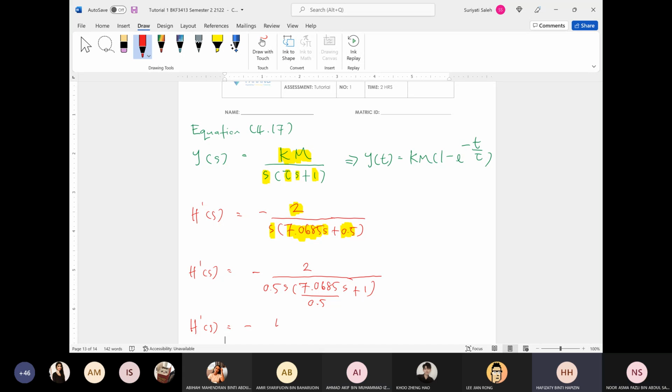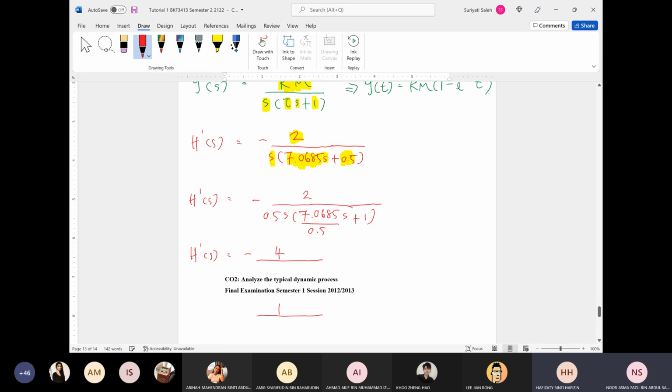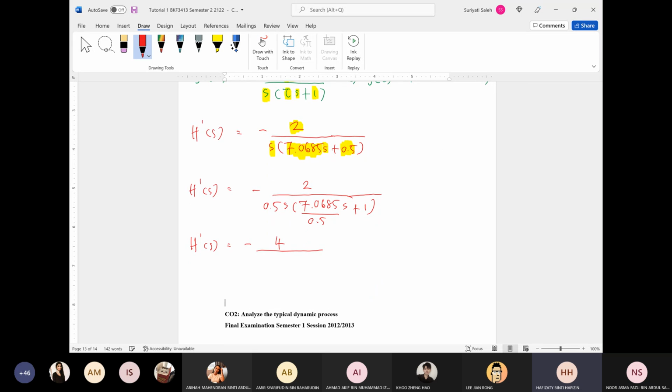Negative 4 over 7.0685 divided by 0.5, which is 14.1372. Let's say 14 S plus 1.